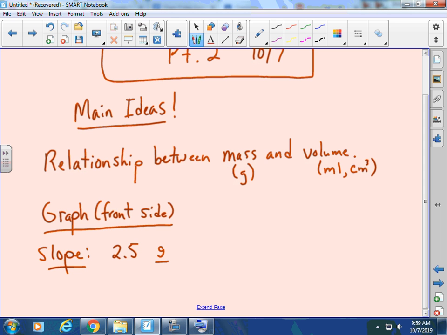And then what was on the x-axis? Volume. What are those units? On the front graph, the front graph was milliliters, right? Is that what you said? All right, so each of our slopes is really showing grams over milliliters. So there's one. Anybody else want to give me a number?